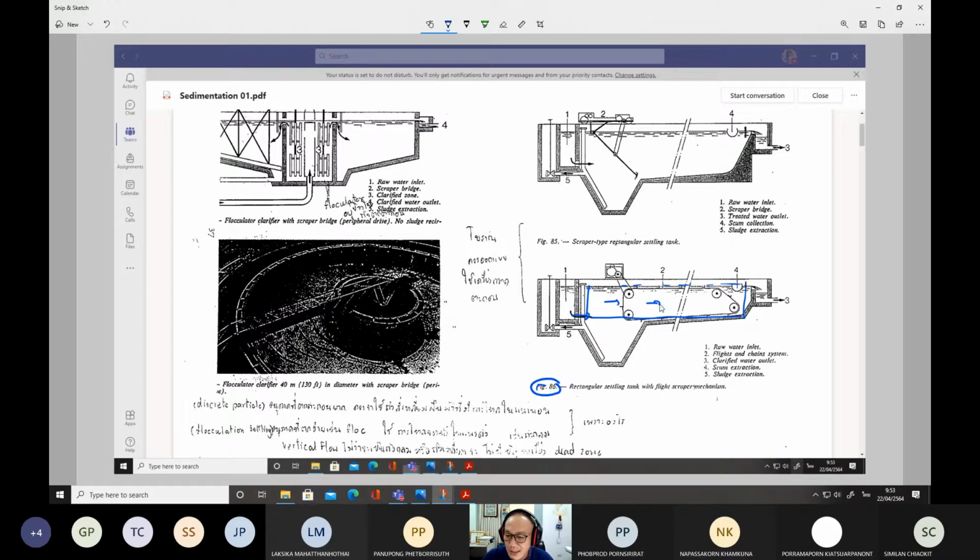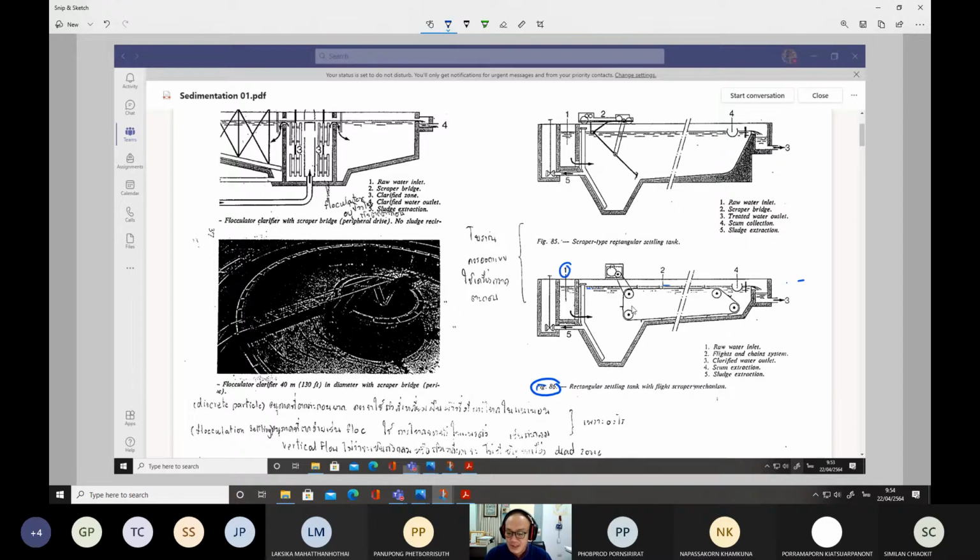Water just flows like this. This is the inlet, and this is the outlet. So water overflows once all the suspended solids have been removed. This is the settling zone. It just goes like this. And according to these figures, if you have a look in detail, you'll find number one is the inlet.